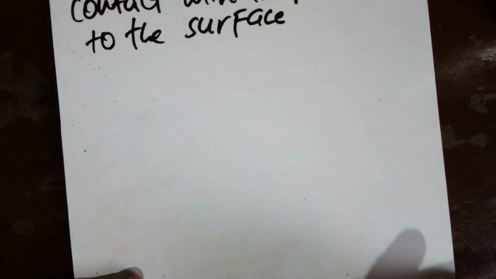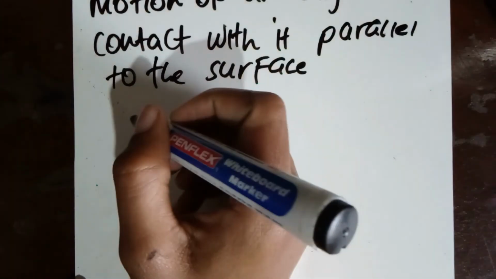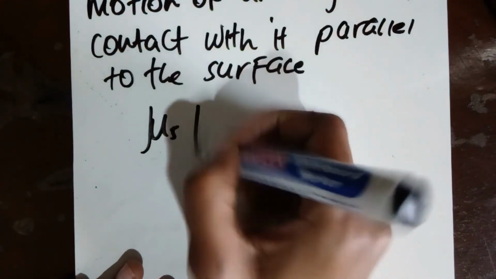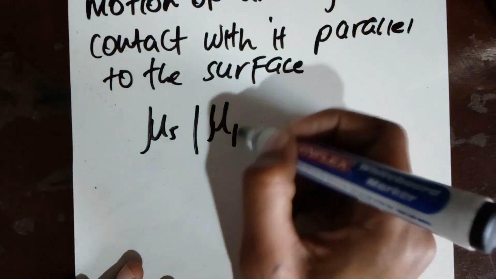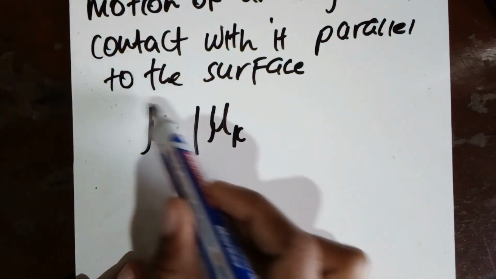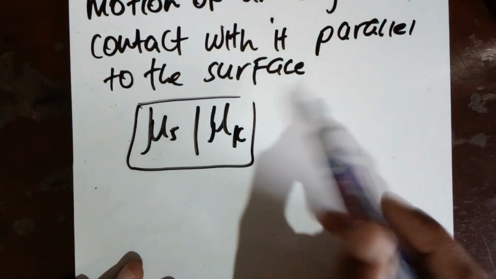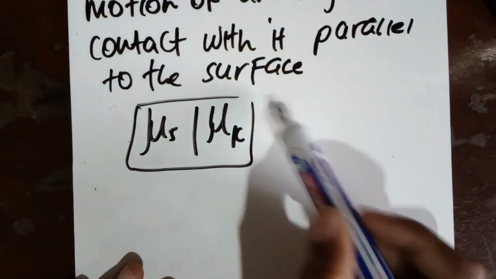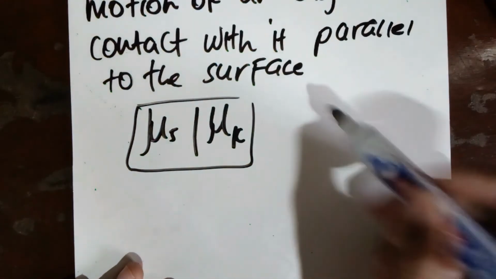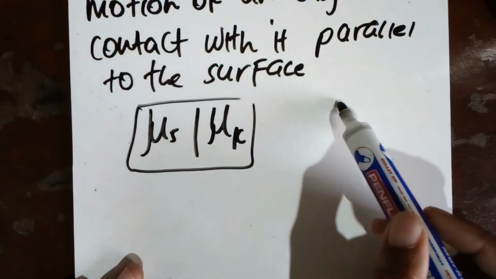You were also introduced to something called coefficients of friction, mu s or mu k, and they describe the roughness of a surface. The rougher the surface your object is on, the larger the coefficient of friction.